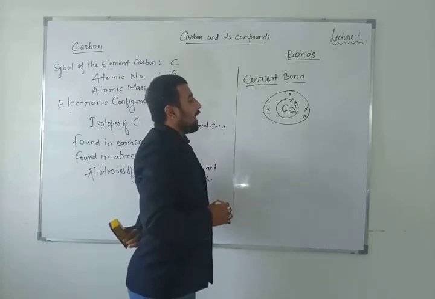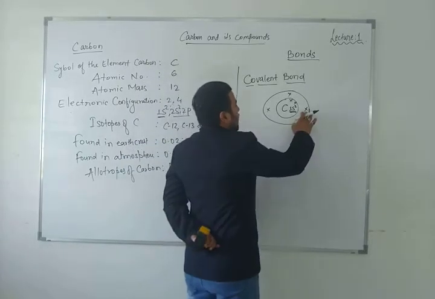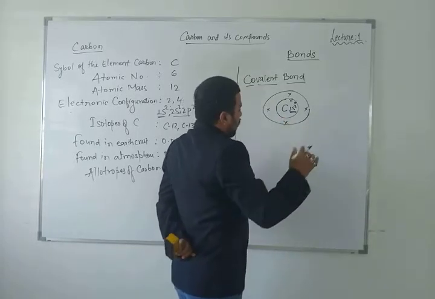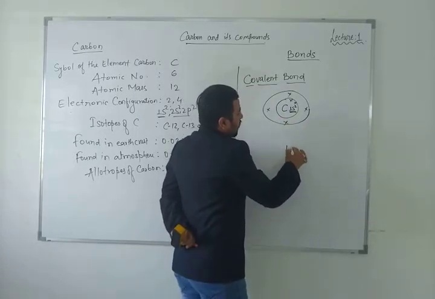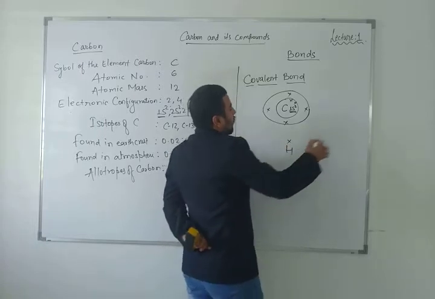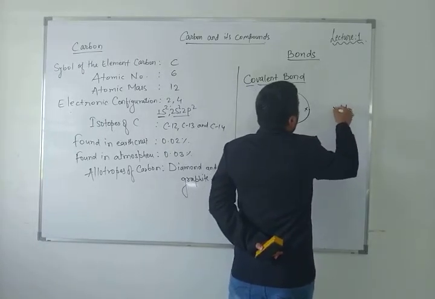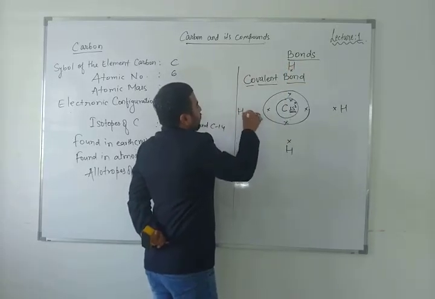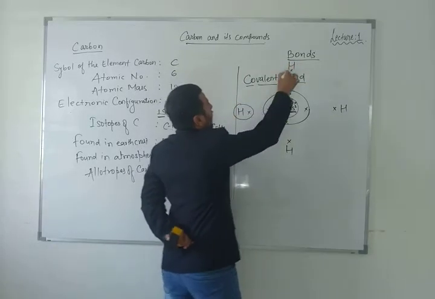But carbon has a tendency to accept 4 electrons. If I talk about a hydrogen atom, just suppose hydrogen has 1 valence electron. There are a total of 4 hydrogen atoms. You can see here the 4 hydrogen atoms.